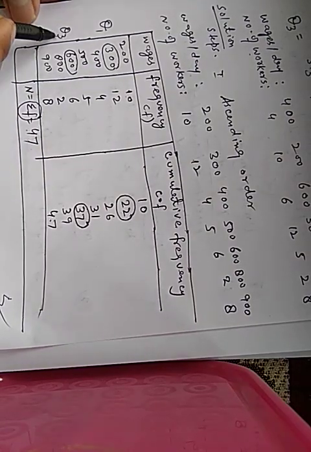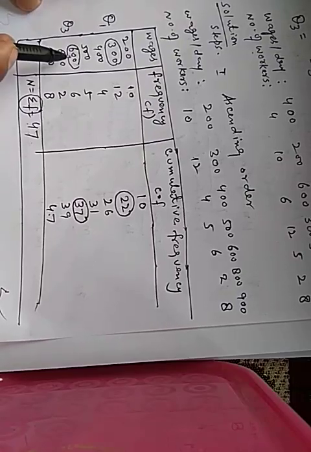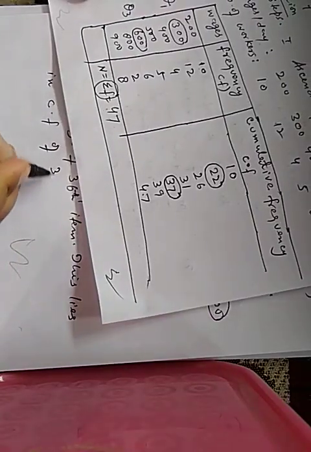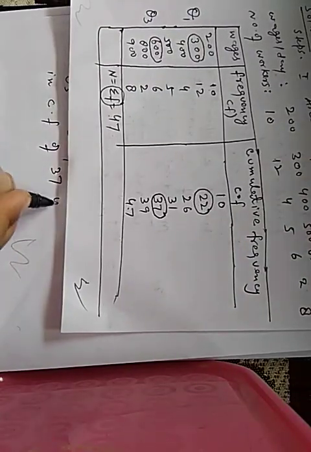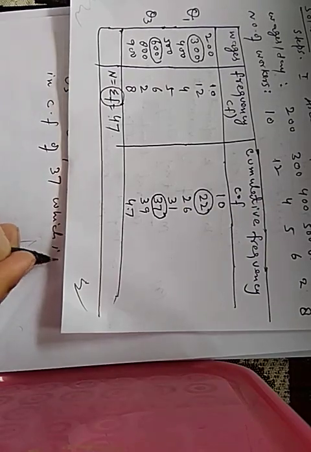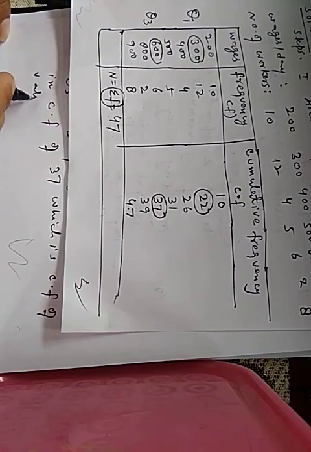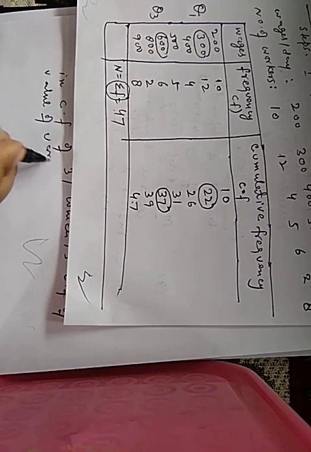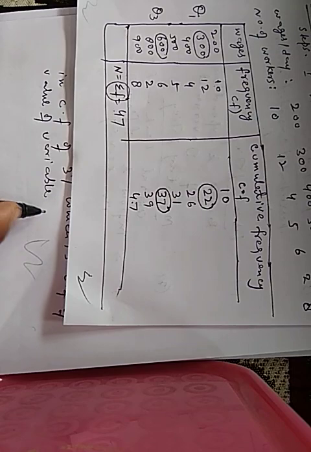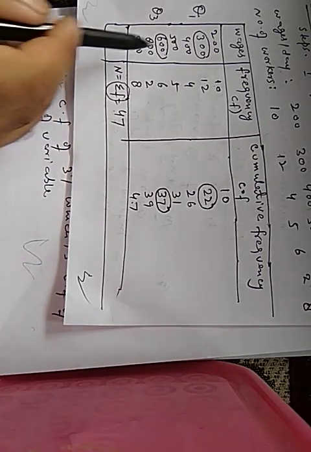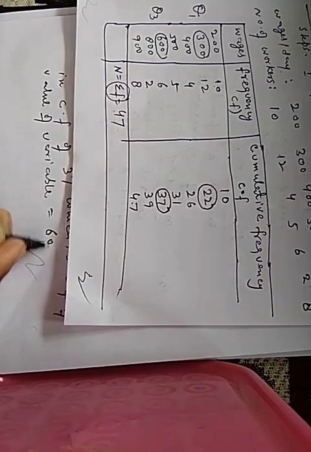This will be the value of third quartile, 600.